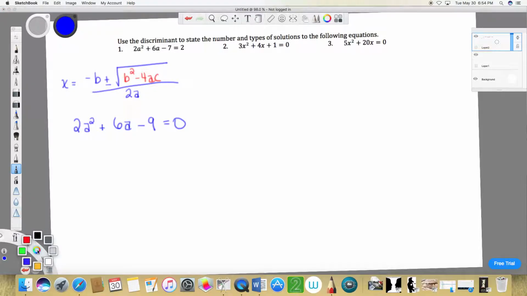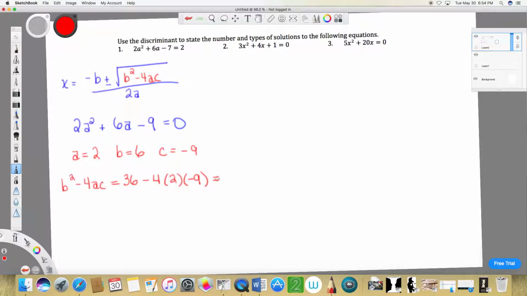So this A of 2 is not the variable A. So the discriminant is B squared minus 4 times A times C. B squared is 36. A is 2. C is negative 9.